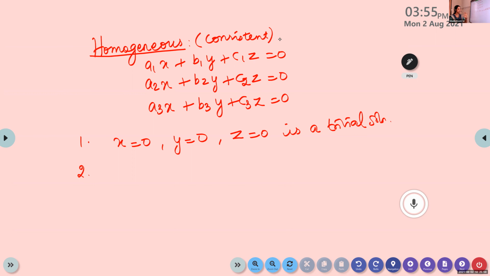Now look here. For a homogeneous equation, 0, 0, 0 is a trivial solution. Suppose we want to check whether, apart from the trivial solution, there is any non-trivial solution.